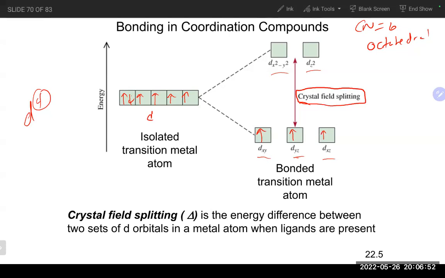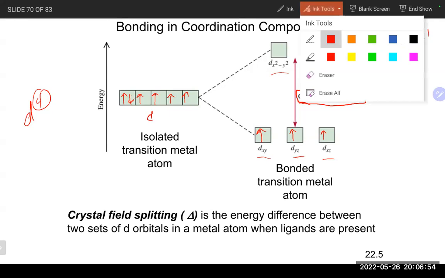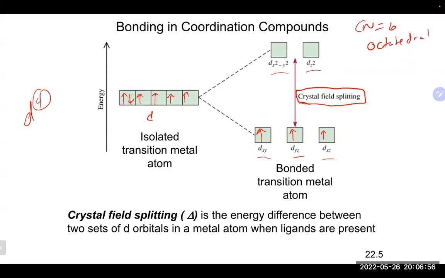But when it comes to our 4th electron, the amount of energy difference between the lower d orbitals and the higher d orbitals makes a difference as to where that 4th electron goes. If this is really large, that electron is going to say, I ain't going up there. I'm going to go this way first and populate at the lower energy level.